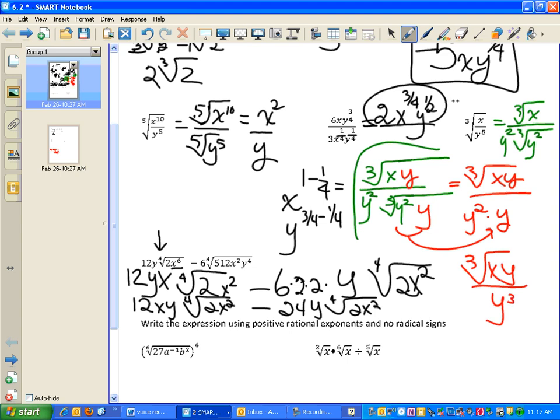Are we okay with pulling out a y squared? Do you see how we have 2 of these here? I have to rationalize that, which means I have to get it into some degree of 3. So what's missing under here is 1 extra y, so that I have a y to the 3rd. And if I multiply the top and the bottom by that same value, I'm multiplying by 1.